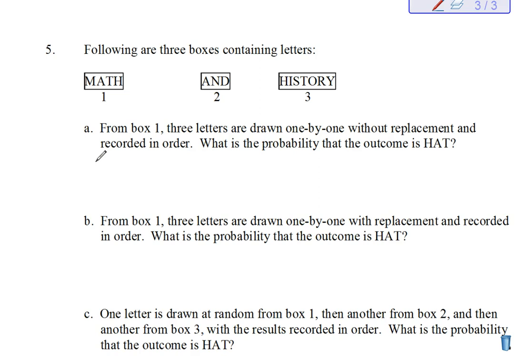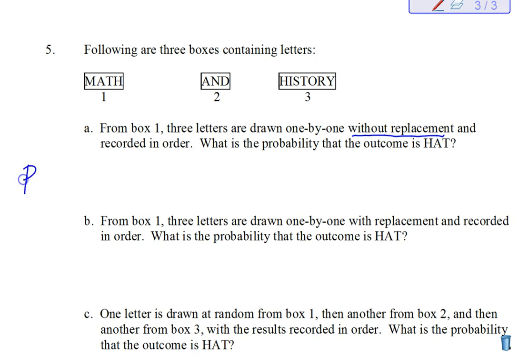Question A says from box 1. So we are only using box 1. 3 letters are drawn one by one without replacement and recorded in order. What is the probability that the outcome is H-A-T, or hat? Alright, so I'm only looking at box 1. I don't even have to consider box 2 and box 3. But the key here is without replacement. So the box is changing every time.